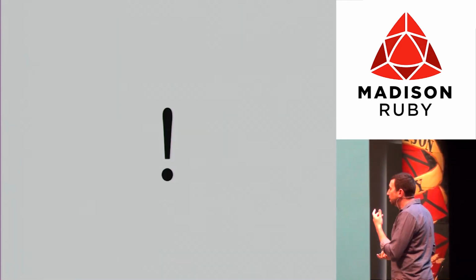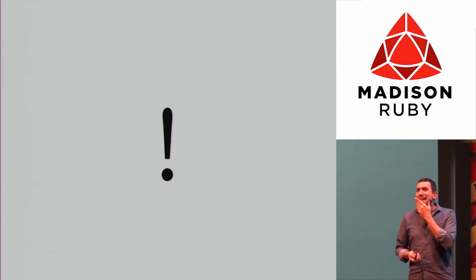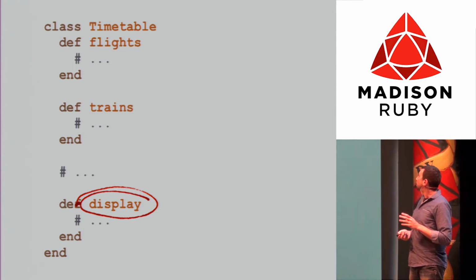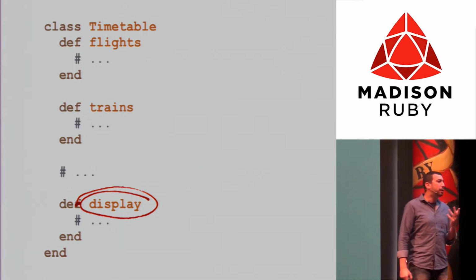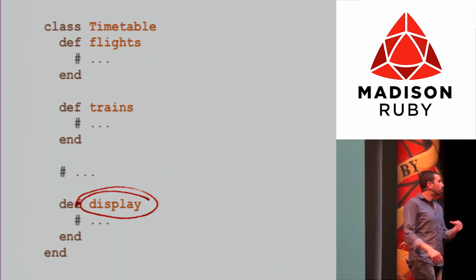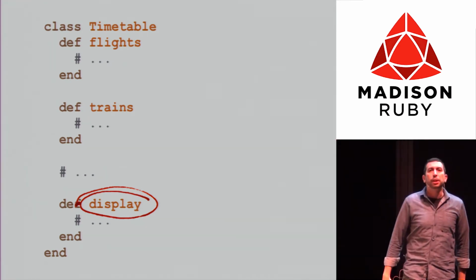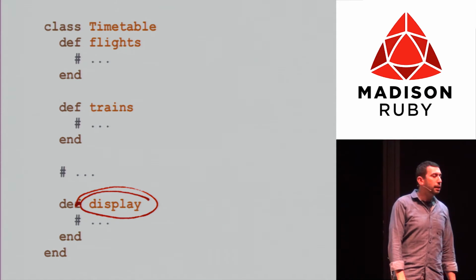But actually, no, we have another potential problem. This one is really, really sneaky. Assume that you have a method in timetable that's called, for example, display. And maybe it returns a fancily formatted display with all the information for the day for a traveler, I don't know.